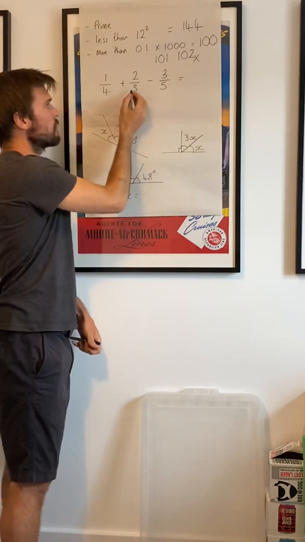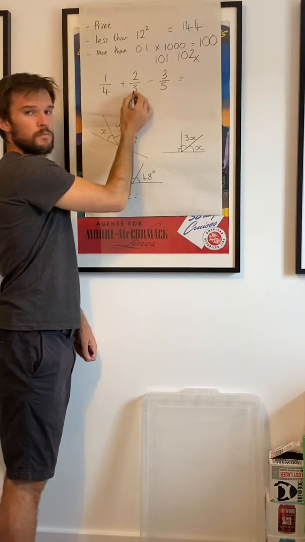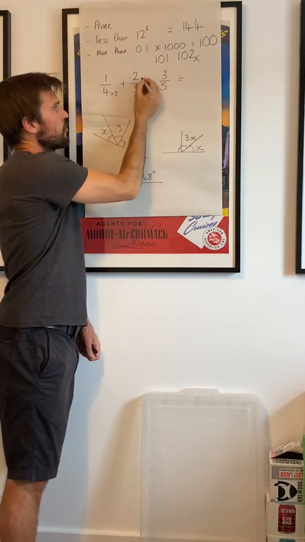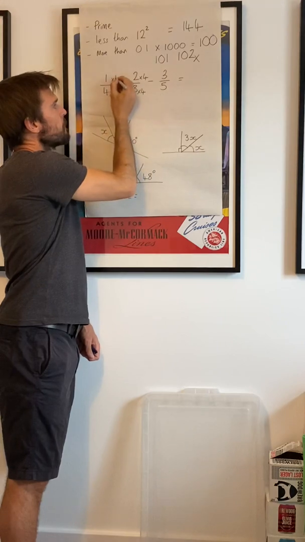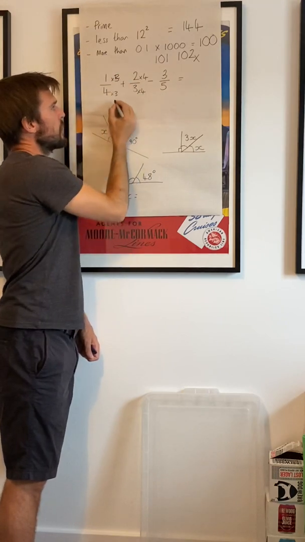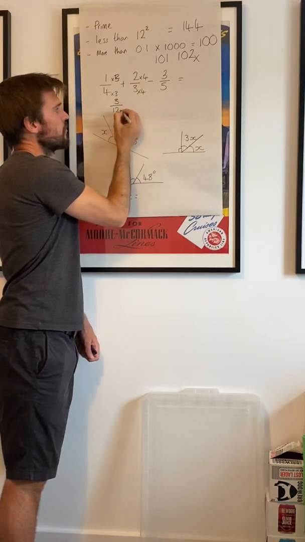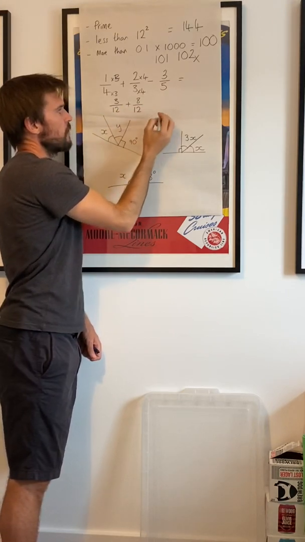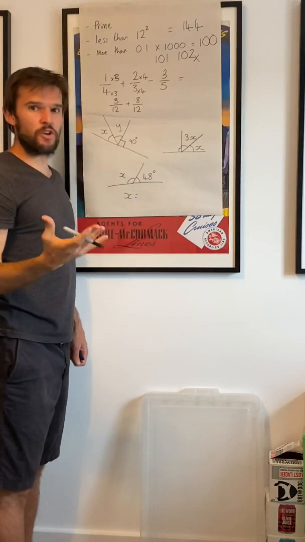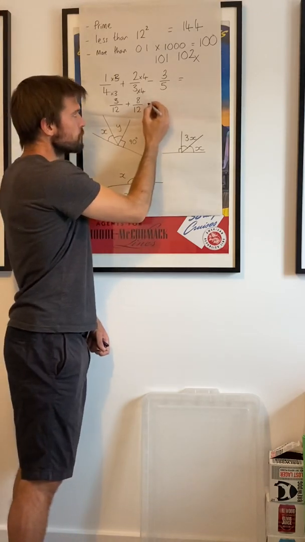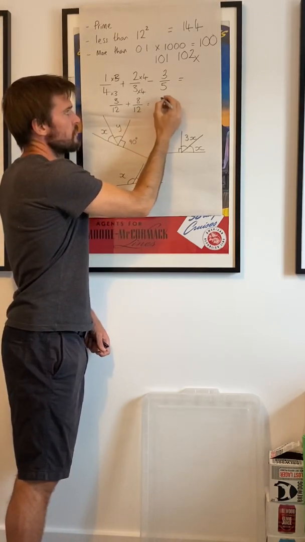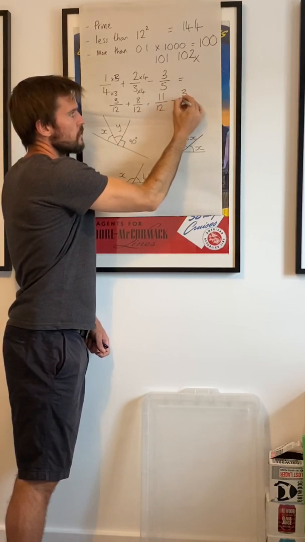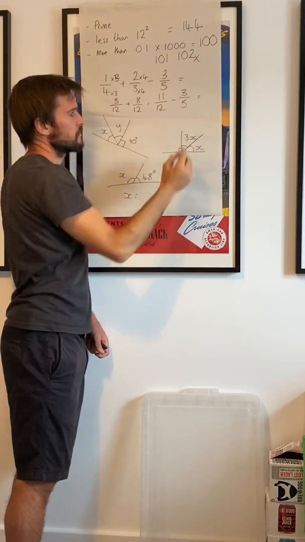So I find a common multiple. Okay, so I'm going to times this by 3, times this by 4. So we have 3 over 12 added to 8 over 12, which I know is 11 over 12. Okay, so then we do 11 over 12 minus 3/5.